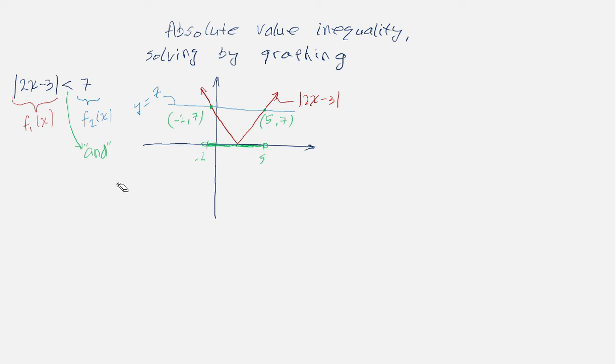But in our case, we're looking for the absolute value being smaller than 7, which means this part of the absolute value lies below the line y equals 7, which tells us that the solutions for this scenario are between negative 2 and 5.